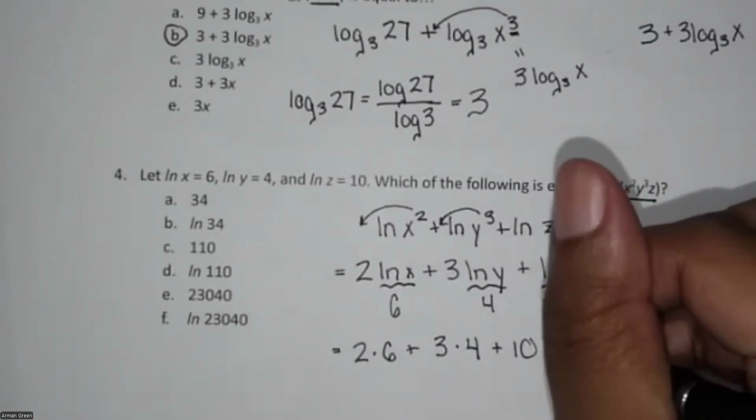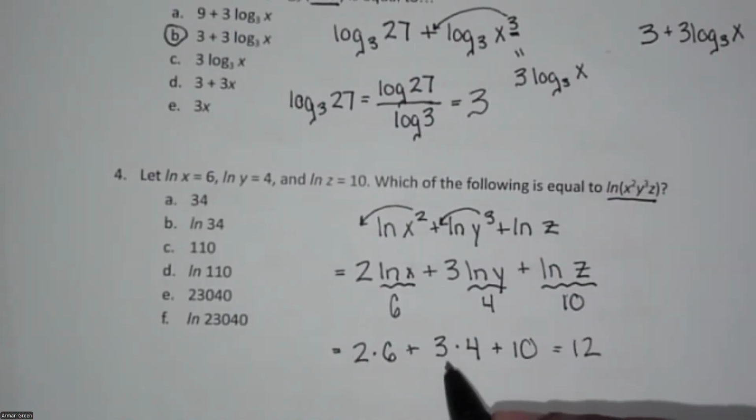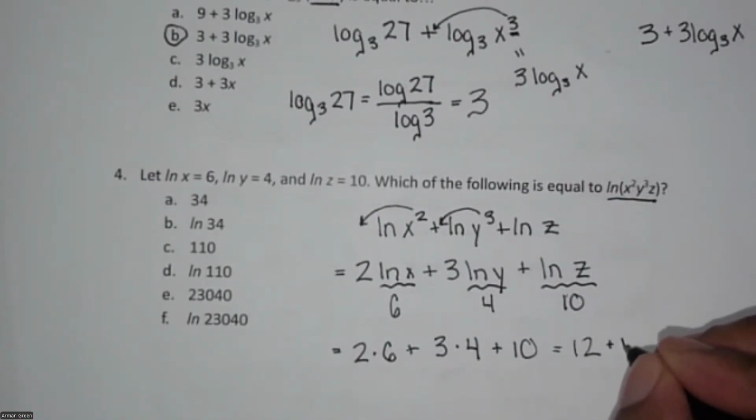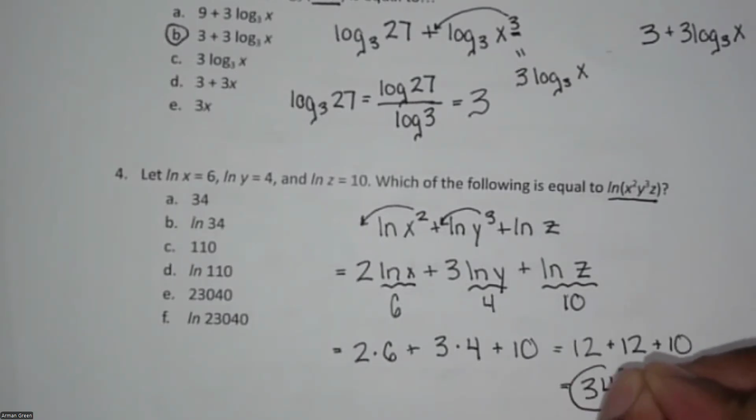If we were to simplify this, 2 times 6 is 12. 3 times 4 is also 12. And then we have 10. So if we add these three numbers together, 12, 12, and 10, we would get 34.